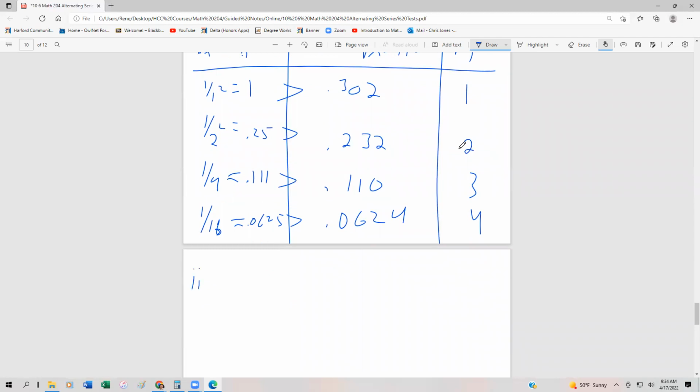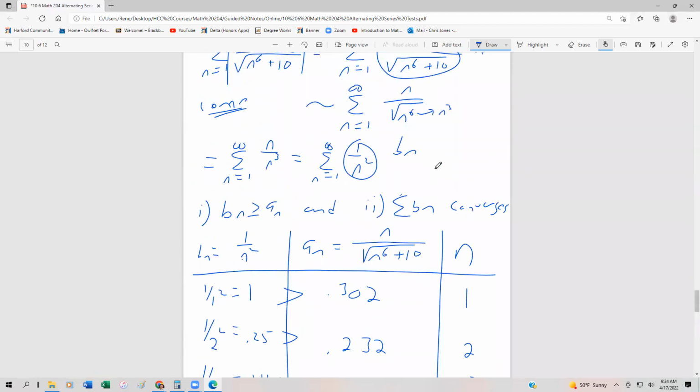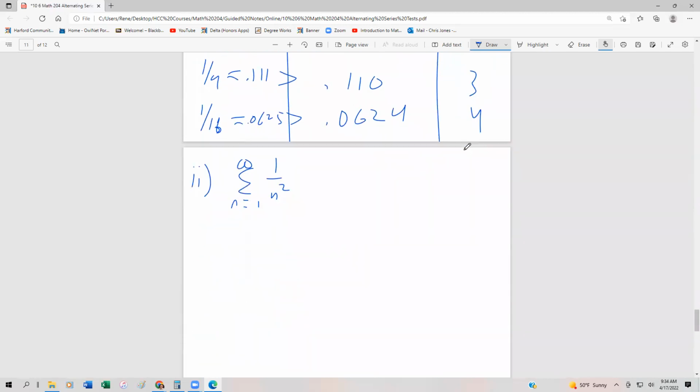Now condition two, we have the series n equals 1 to infinity of 1 over n squared. And we want to determine what's the convergence or divergence of this series. And we know that this converges by our p-series test. We could use an integral test if we wanted to, okay?